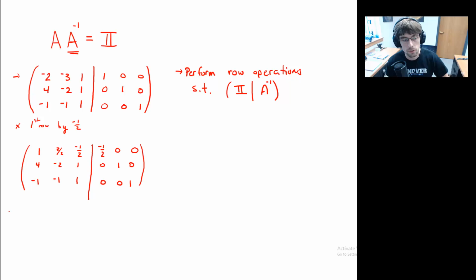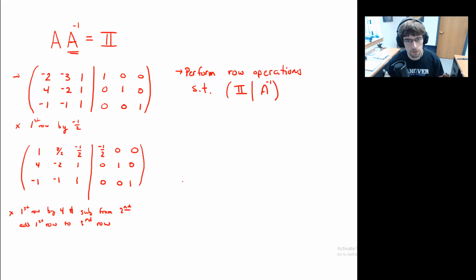So what I'll do is multiply first row by 4 and subtract from second row. And the second one is add first row to third row. So I'm going to zero out the first column.